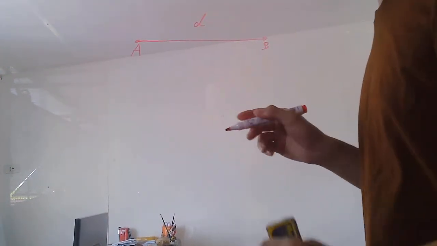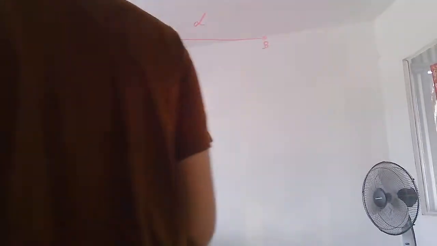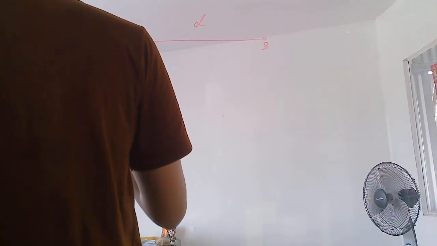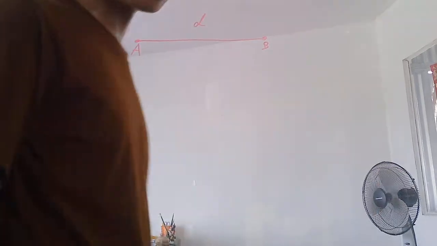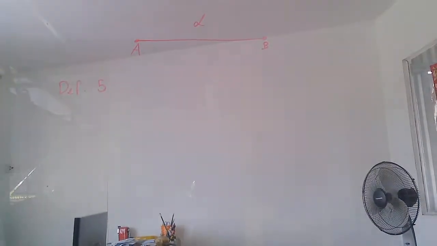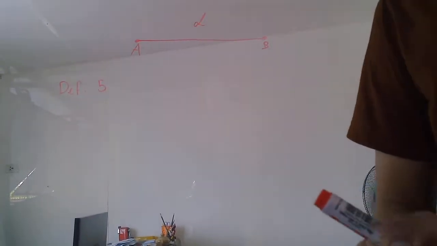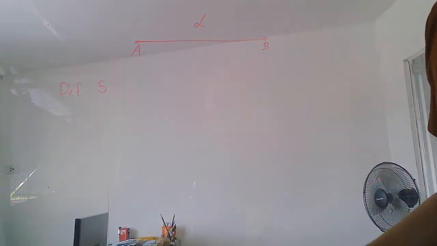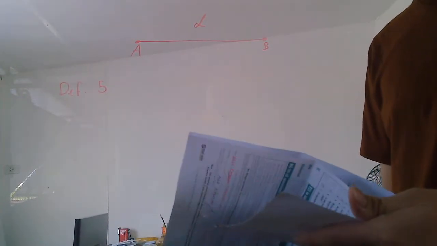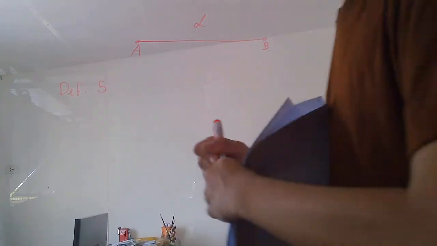So that's the formal definition of a measure. So definition 5, I think. Just check my lecture notes to see if this is our fifth definition. I don't want to get you guys confused here. Oh, 6. Okay, definition 6.